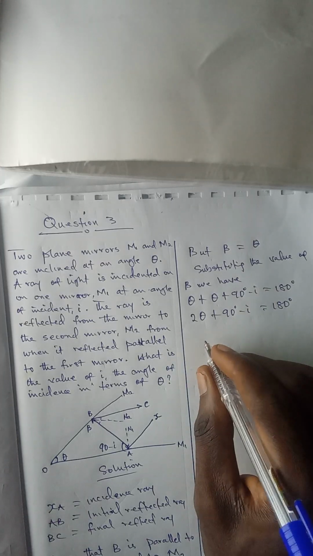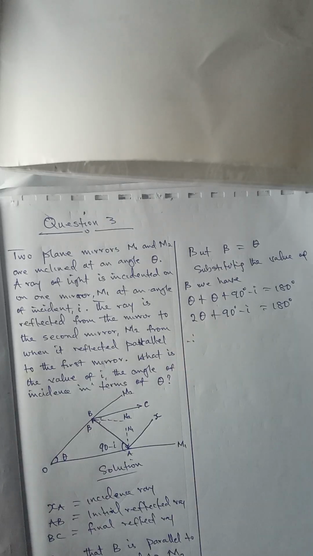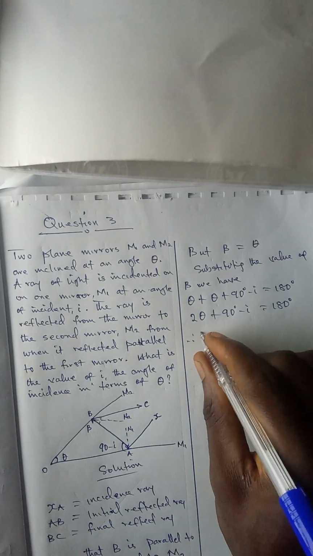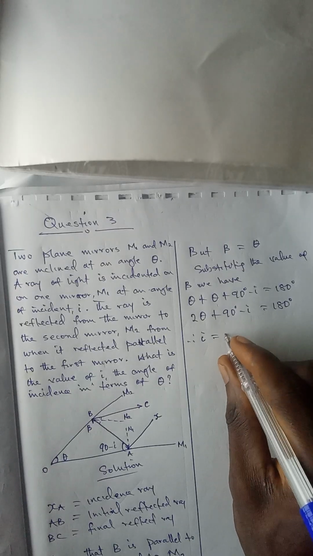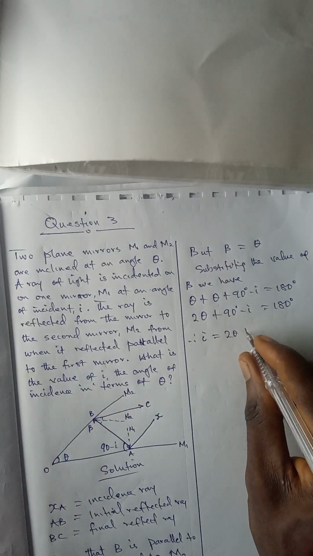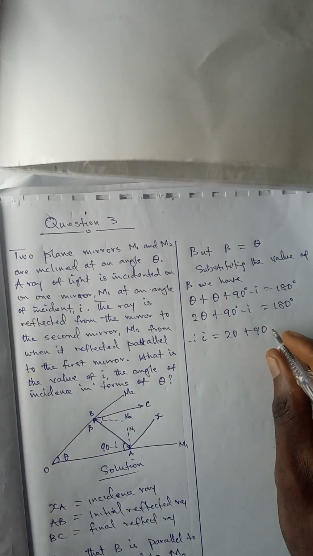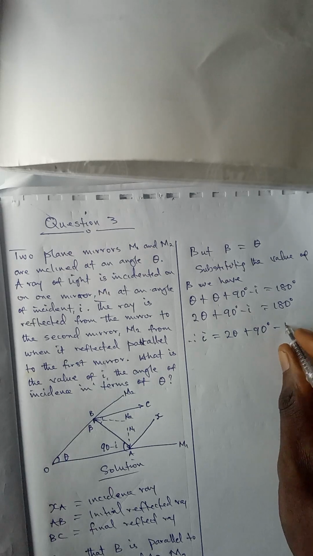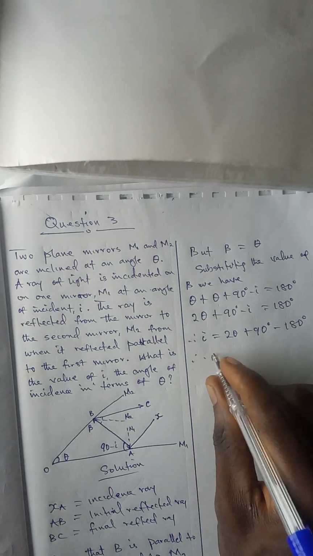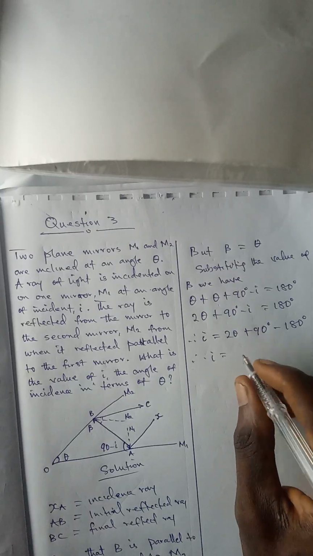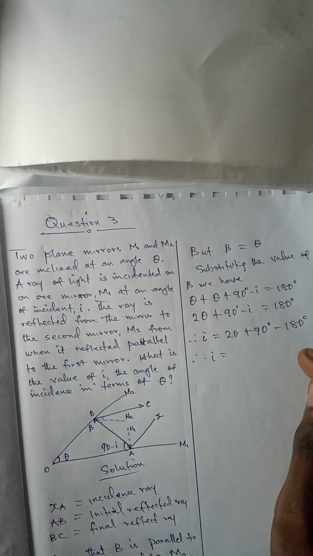Now, making I the subject of the formula, we have that therefore I is equal to 2 theta plus 90 degrees, change over, minus 180 degrees, and we can say our I is equal to, of course, 90 minus 180 is equal to minus 90.